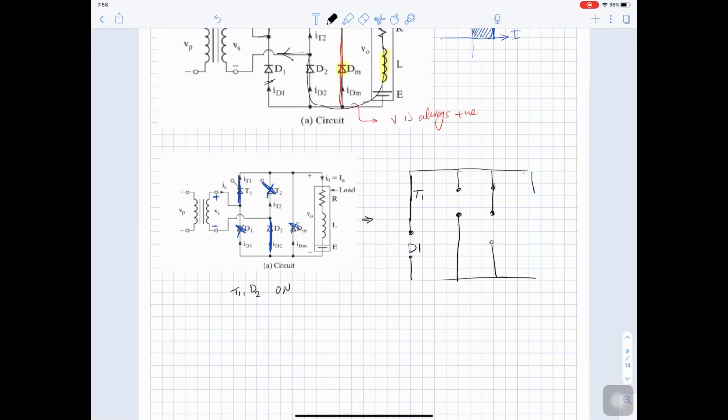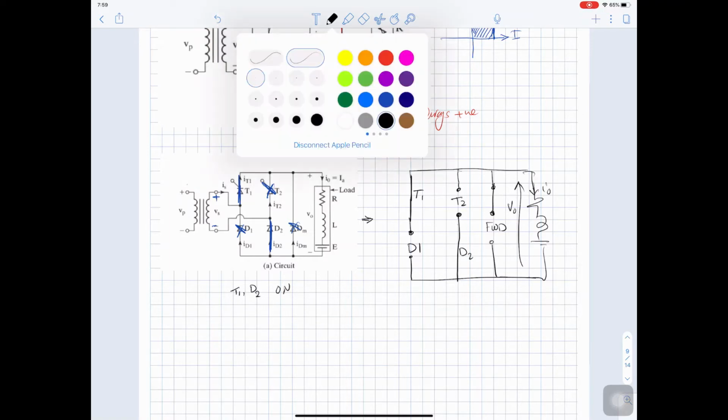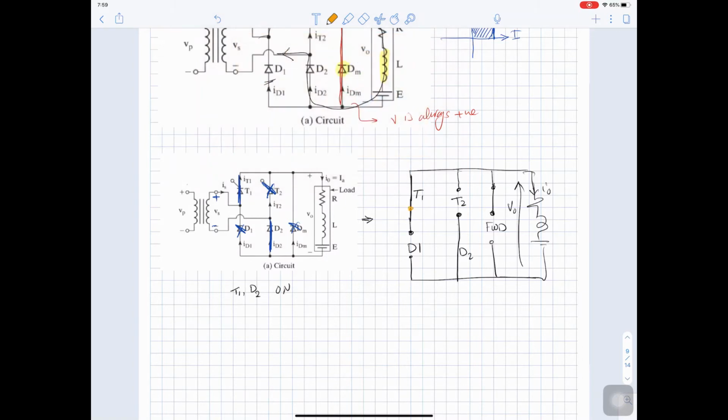Here is our output RLE, here is V out, I out. So the freewheeling diode is off, thyristor 2 is off, and diode 2 is turned on. And you have your source connected between these 2 points. This is V in.